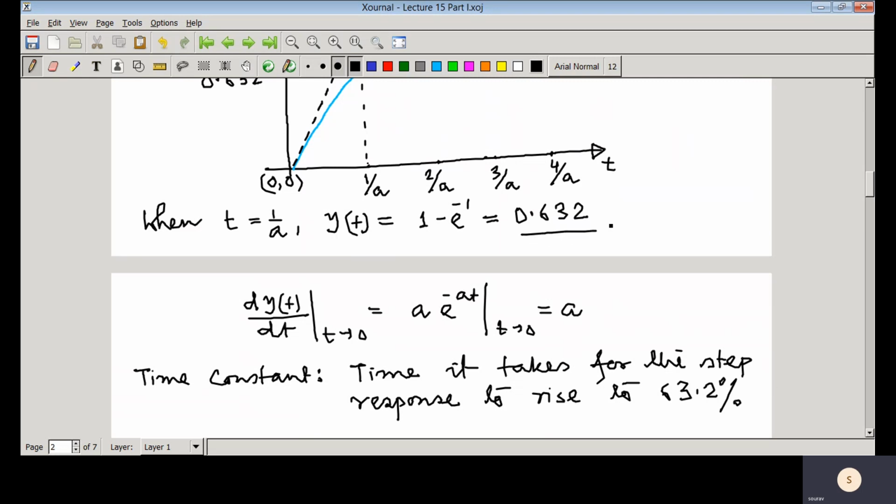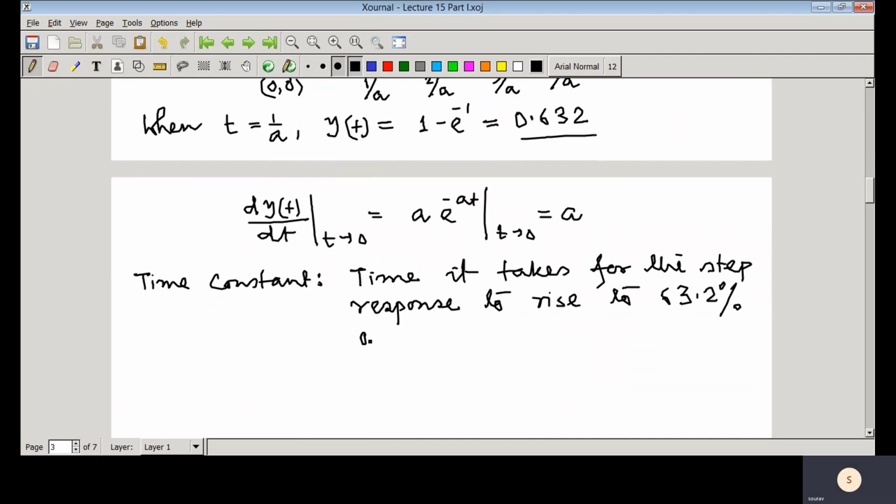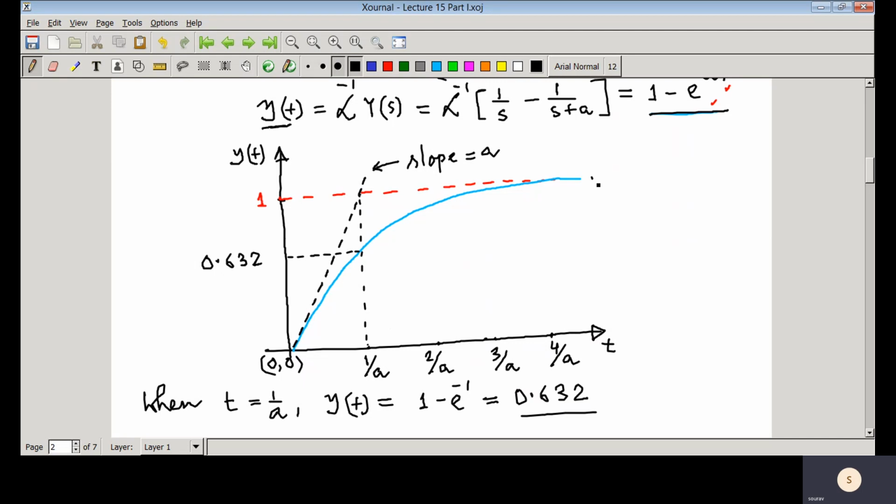So you can see that this value is 0.632, so 63.2% of its final value. The final value is 1, and this is the time 1 by a that it takes to reach 63.2% of the final value.